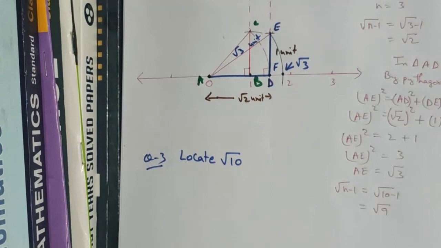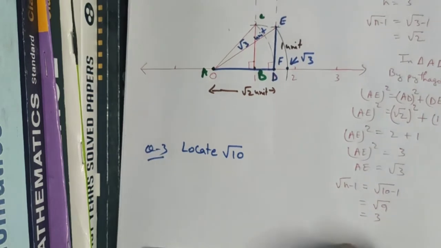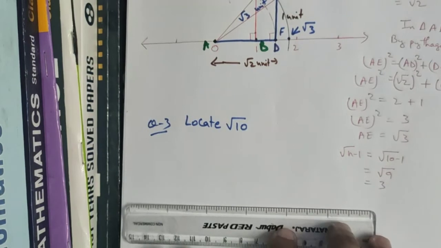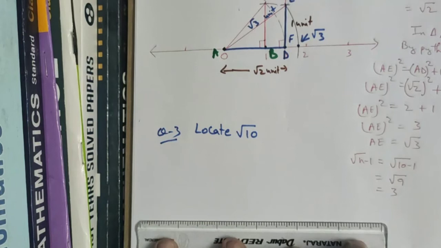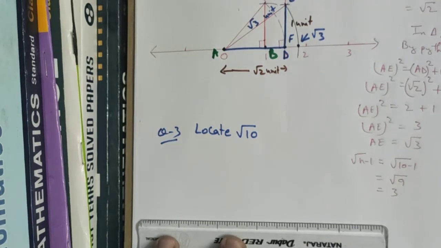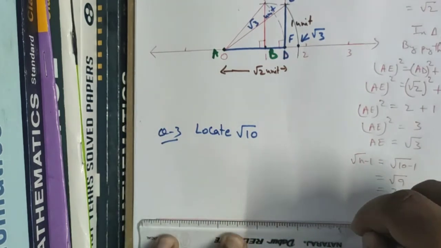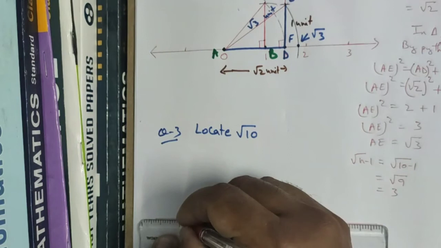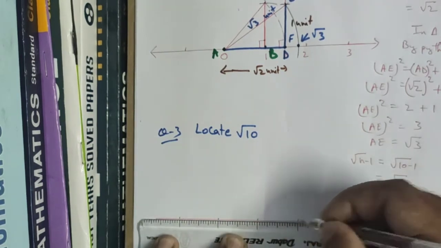But root of 9 is a perfect square of 3. So this is basically equal to 3 units. So we will draw a number line and draw points after every 1 unit.